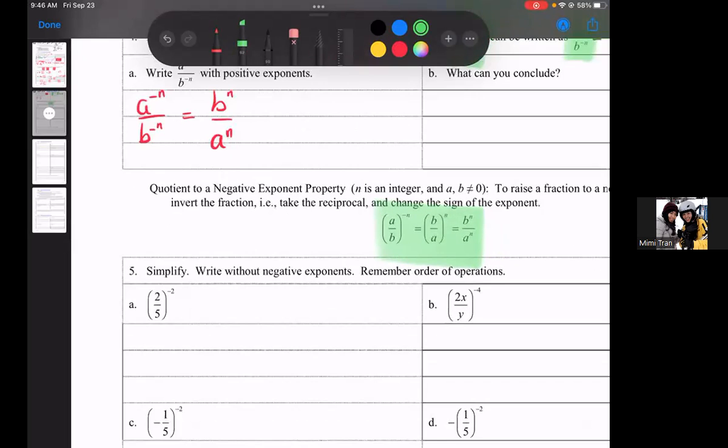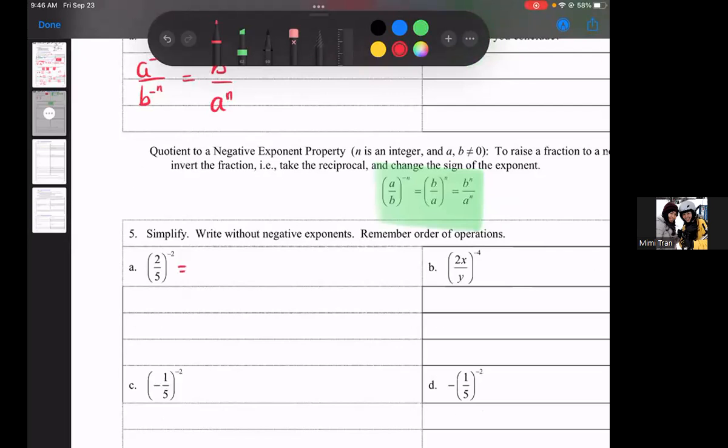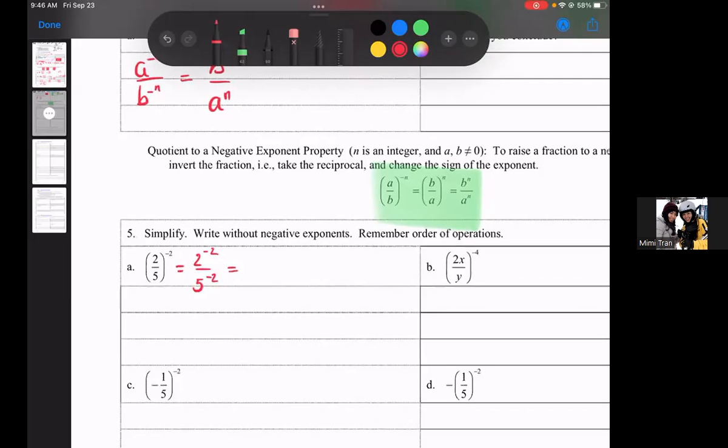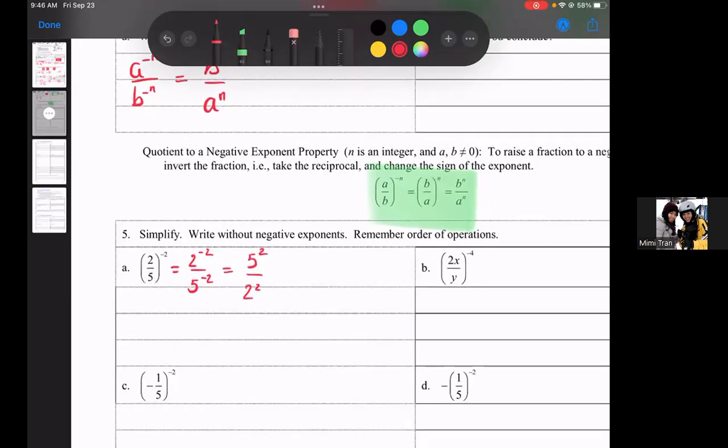Okay, so let's do this. So this one right here, one way you can do is you can distribute that. So 2 to the negative 2 over 5 to the negative 2. And now you flip. So 5 squared over 2 squared, which is 25 over 4.